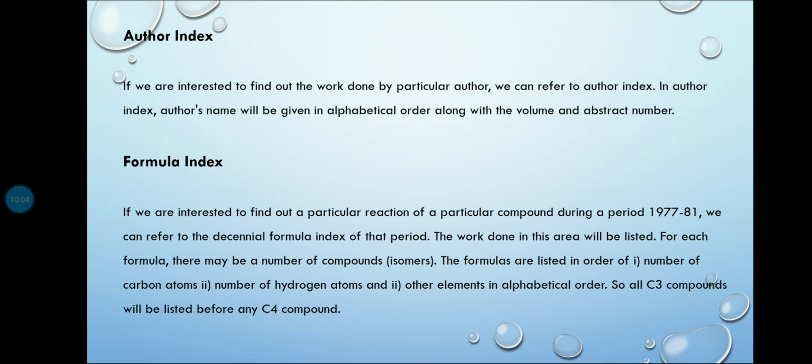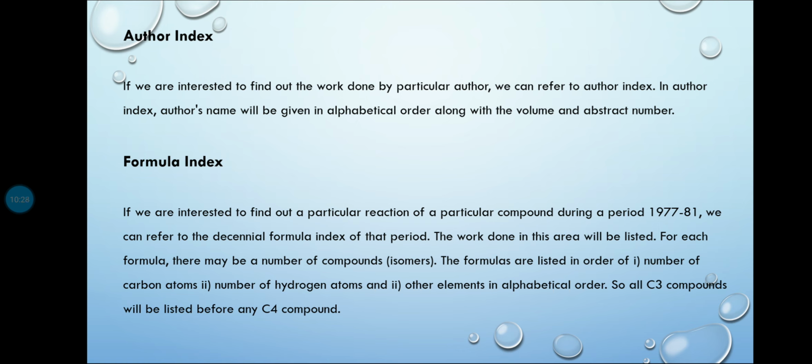Formula index. If we are interested to find out a particular reaction of a particular compound during a period, 1977 to 81, we can refer to the decennial formula index of that period. The work done in this area will be listed.